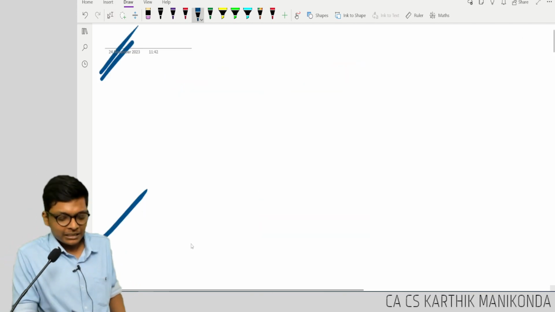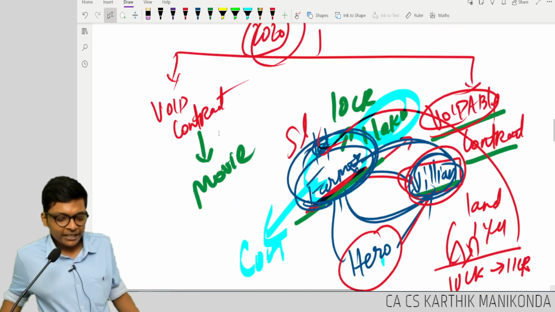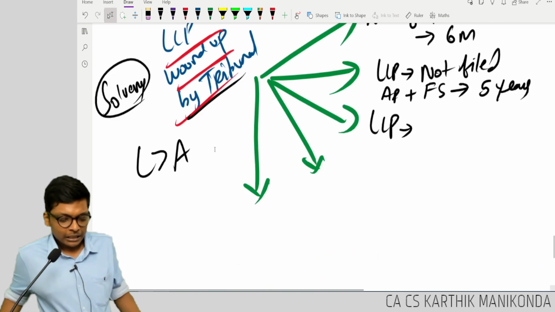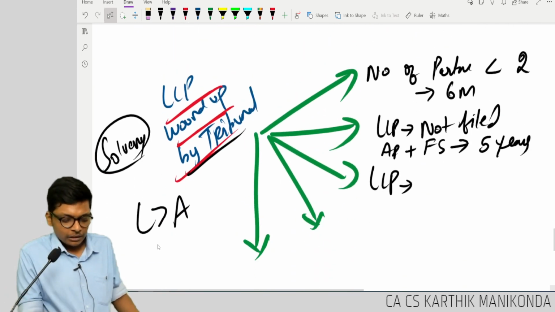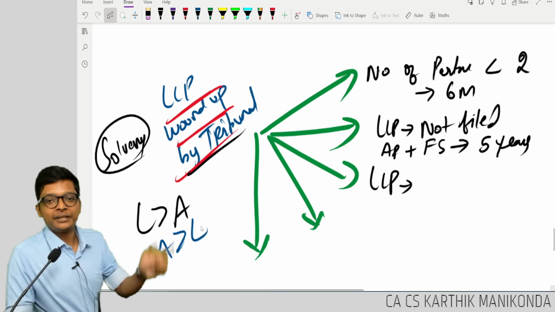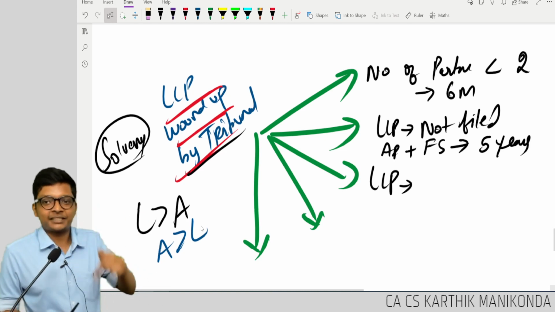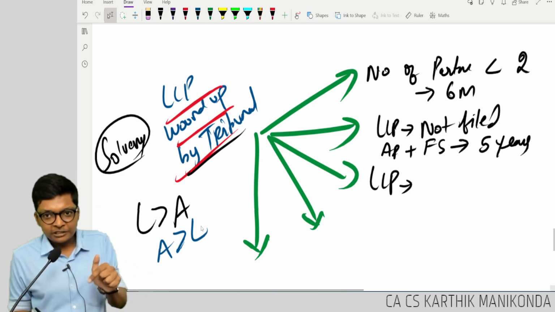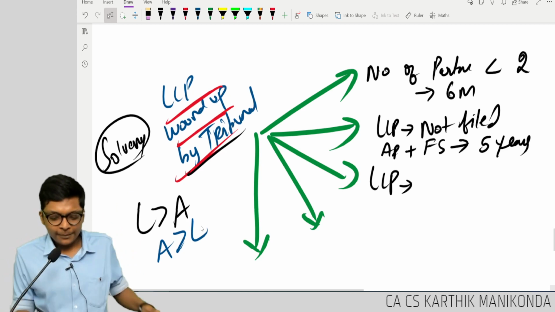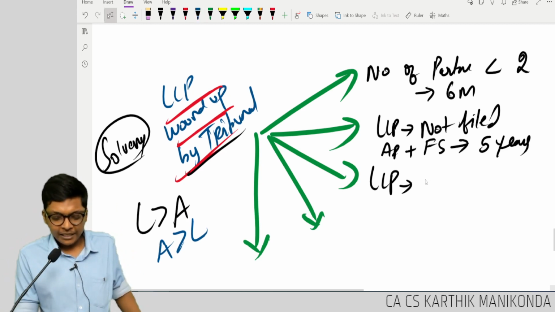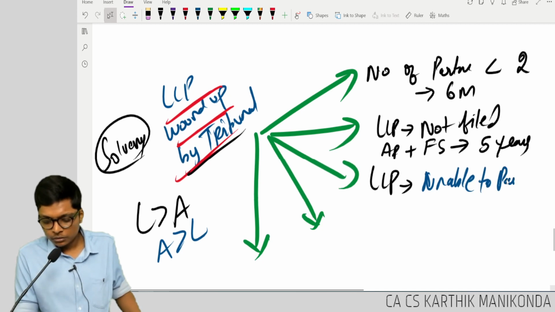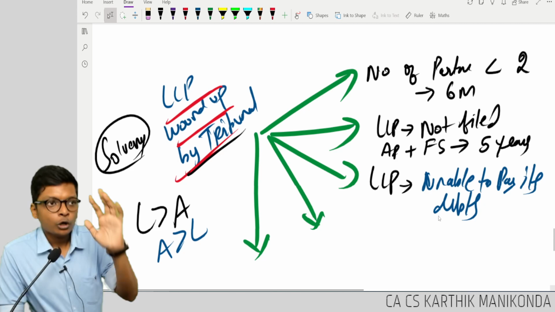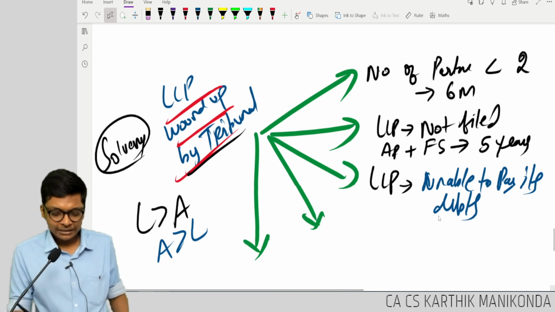It means I have to file with the ROC every year that my assets are more than liabilities. Solvency, I have enough assets. The day liability crosses my assets, if I am not able to pay, if LLP is unable to pay its debts, LLP will be wound up. Are you following, guys?